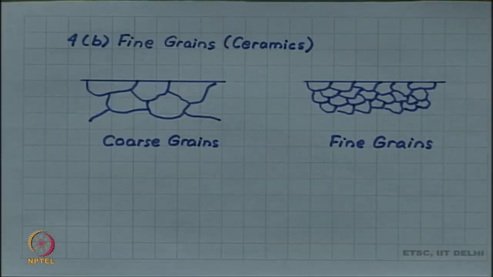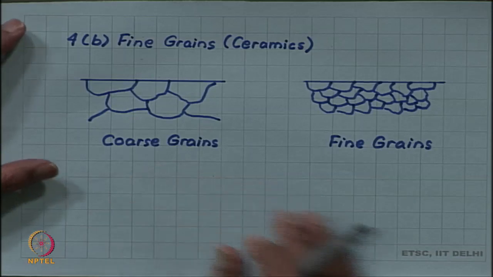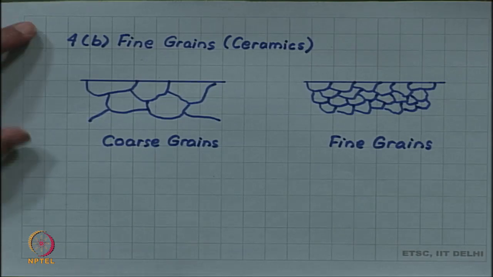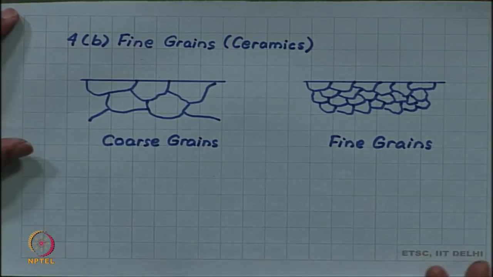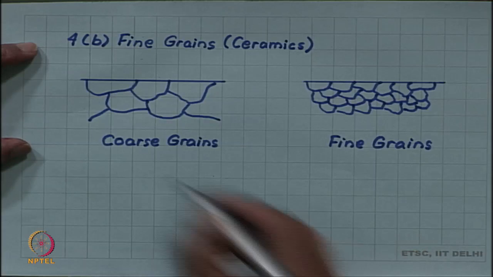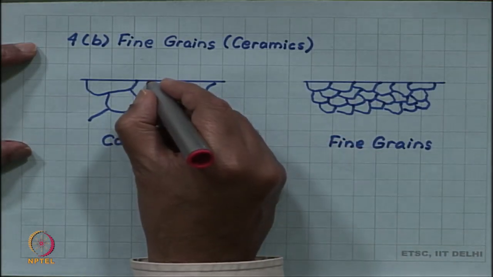Fine grains are also useful for ceramics. So, suppose we have coarse grain and fine grain. In ceramics, what is found is that because of its brittleness, cracks are introduced into the surface by normal wear and tear or by manufacturing processes such as grinding and other processes.